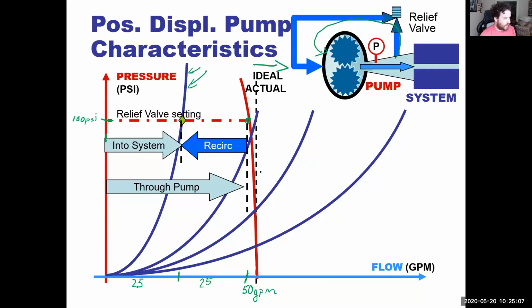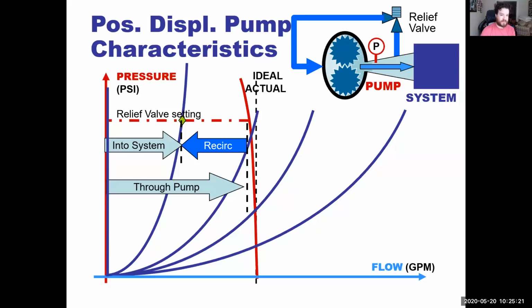Granted, this is not how the everyday operation of a pump should be existing. If you see this, take care of it. Stop the pump, figure out what's wrong. And if you have a closed off system, it's 100% going to be going through that relief valve.